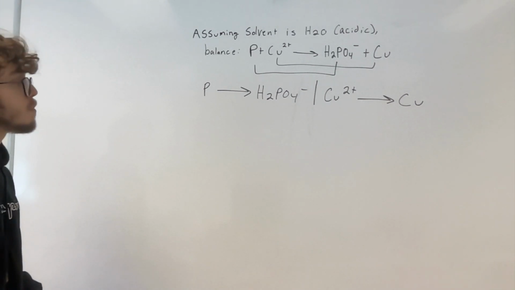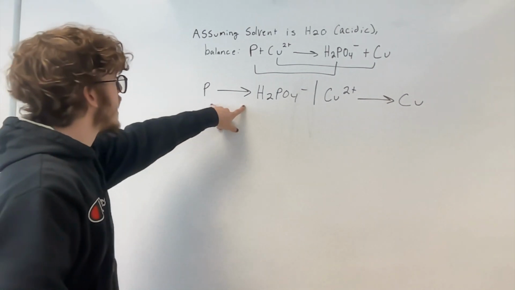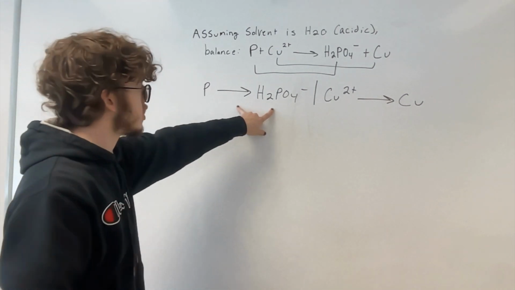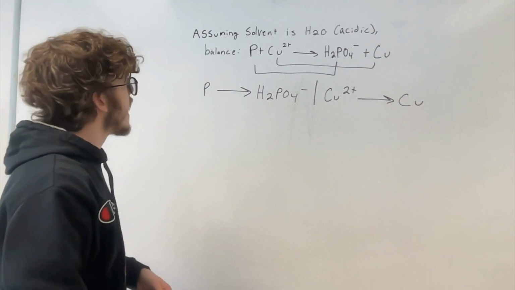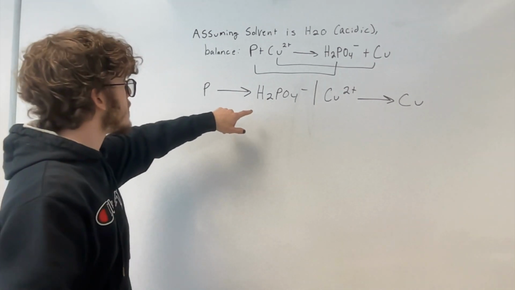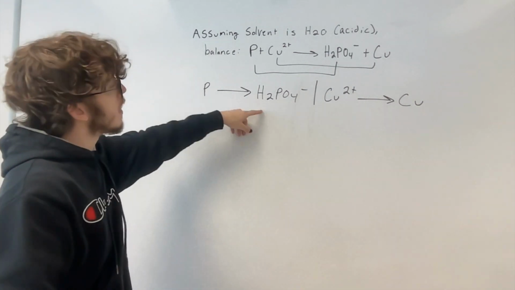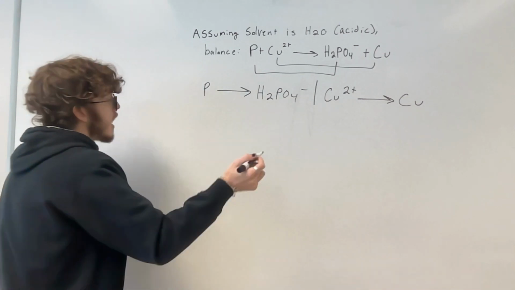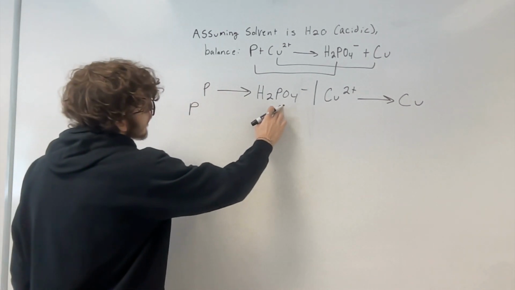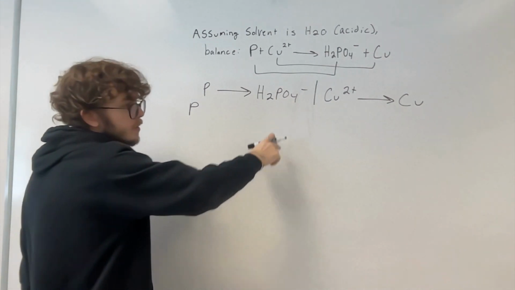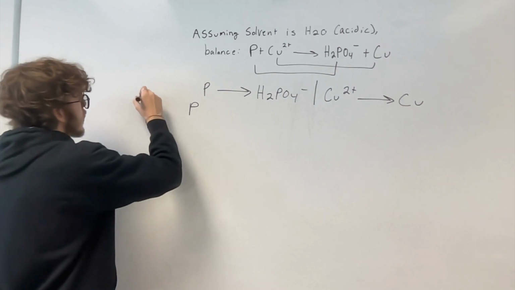Now we have to balance with water where necessary. So notice here we have phosphorus just turning into H2PO4 minus. So we have to make it so we're reacting the phosphorus with some form of water to allow that to occur. So what happens is phosphorus, and notice how we have 4 O's and H2O only has 1 O, so we'll actually put 4 H2O.